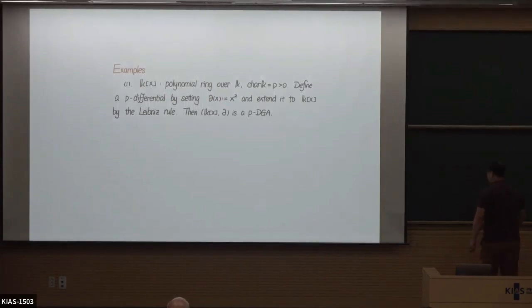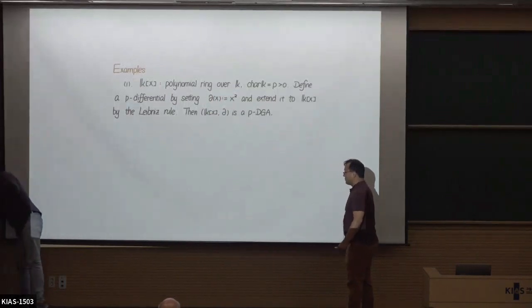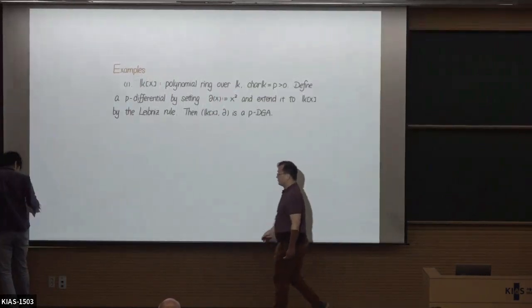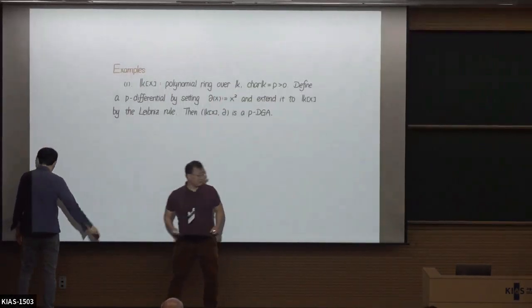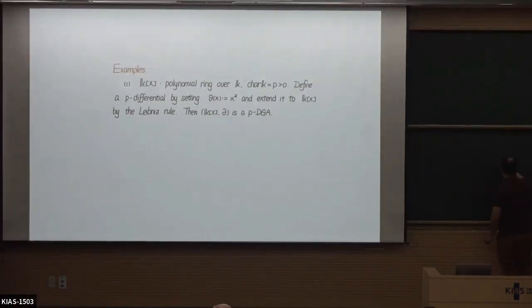Using the Leibniz rule, you can easily see that d of x to an arbitrary power a is going to be a times x to the a plus first power, just as in calculus 1.